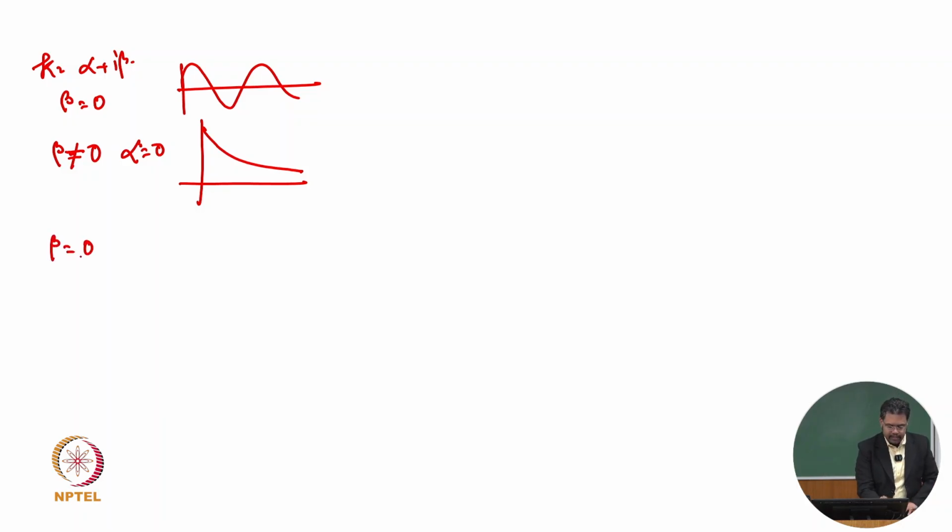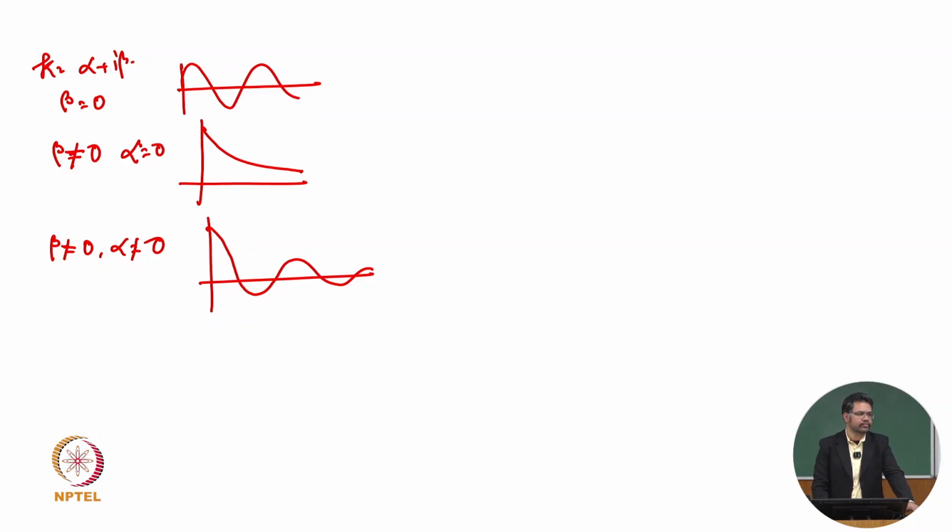Another case is beta is non-zero and alpha is also non-zero. In that case, what will we get? Decaying response. Okay, it will decay, but in an oscillatory manner. In the first case, it is a clear decay. In the other case, it is decaying with oscillations, when the oscillations are decaying as it is propagating. All of you agree with me?